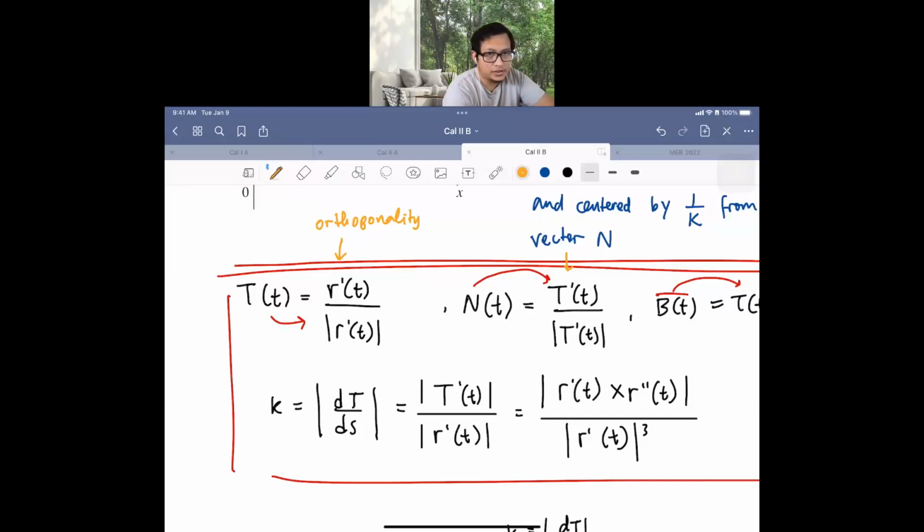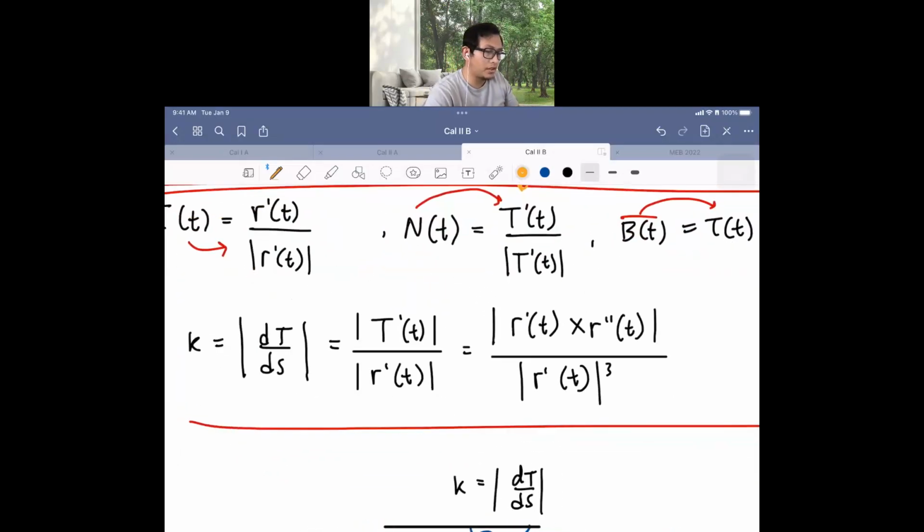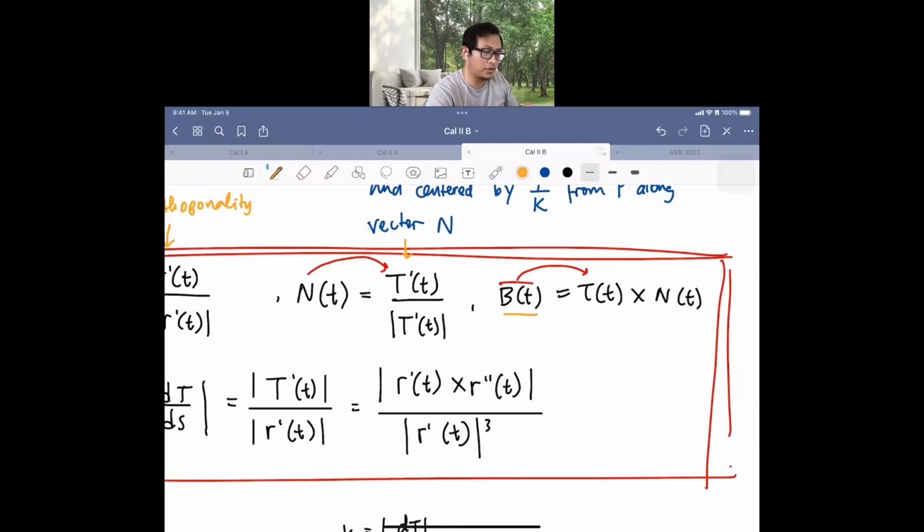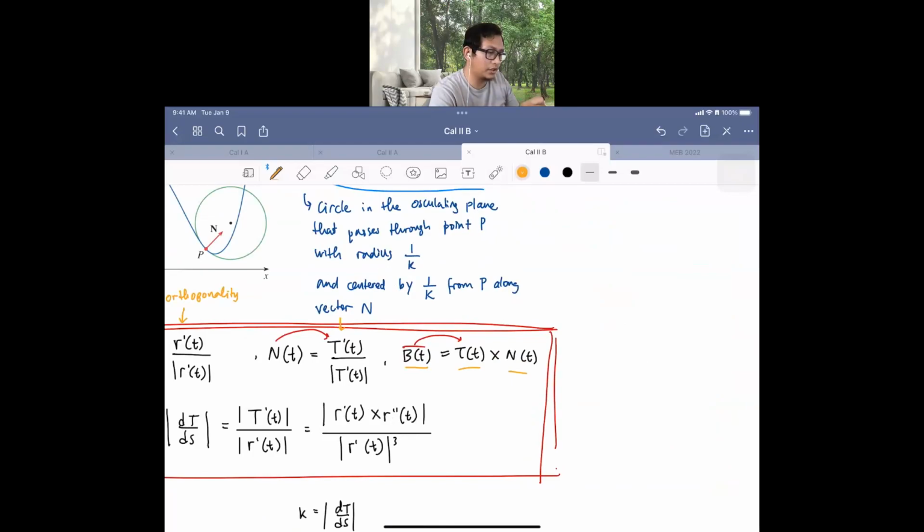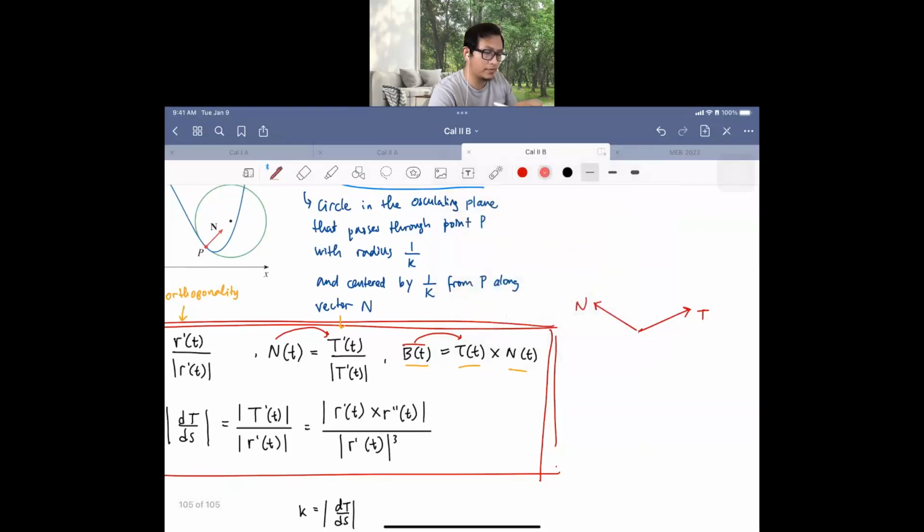So we will see that the r prime is orthogonal to the tangent, and the t prime is orthogonal as well. And this binormal is orthogonal to t and n, and we can draw the tangent in this diagram, this three-axis diagram.